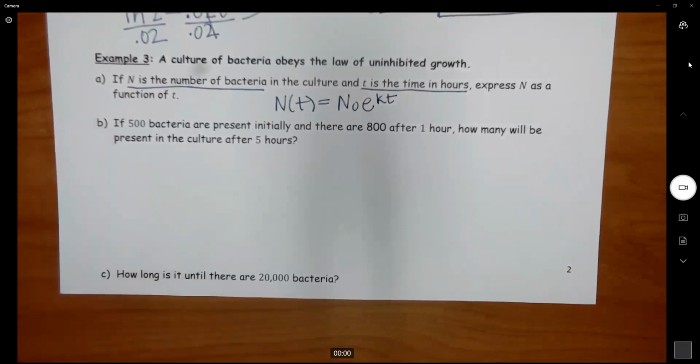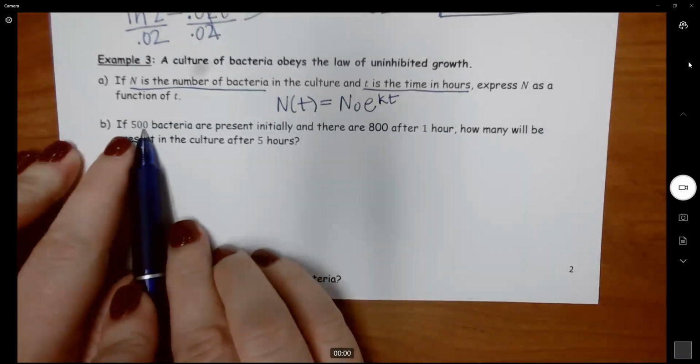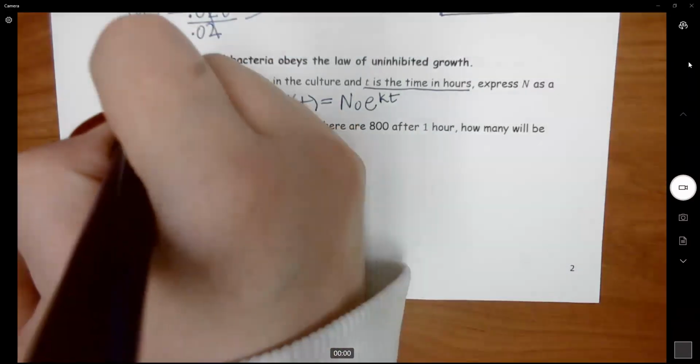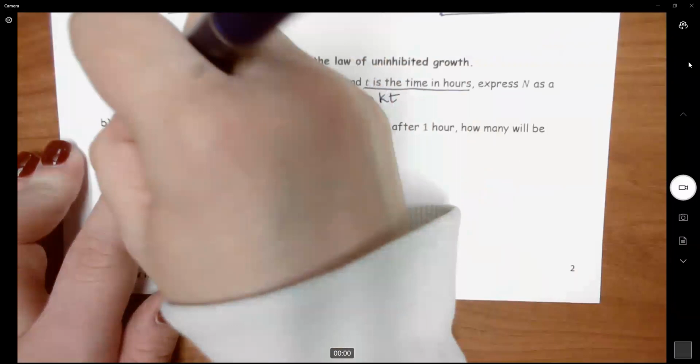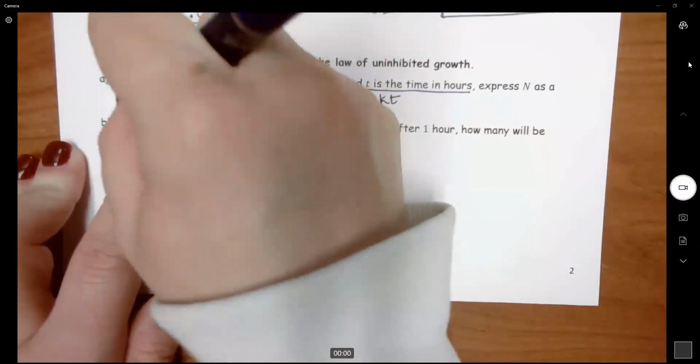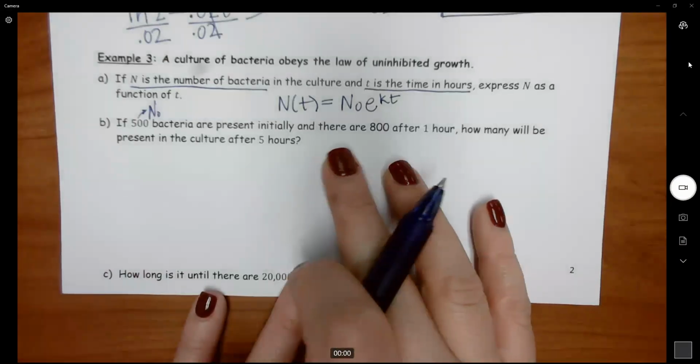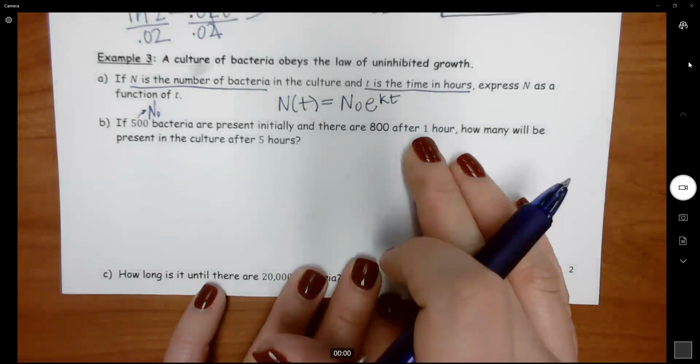So B wants to know if 500 bacteria are present initially. So this 500, because it is present initially, this is my N naught. And there are 800 after 1 hour.